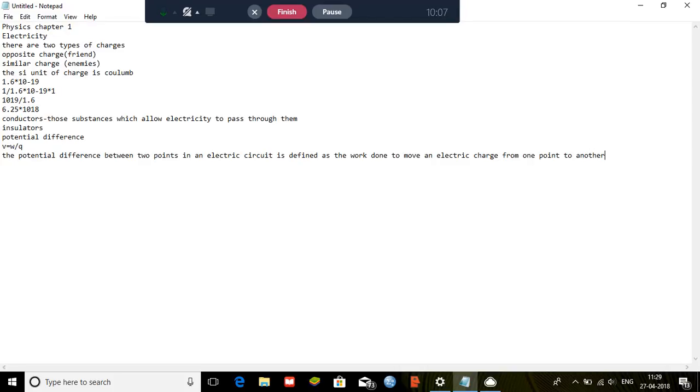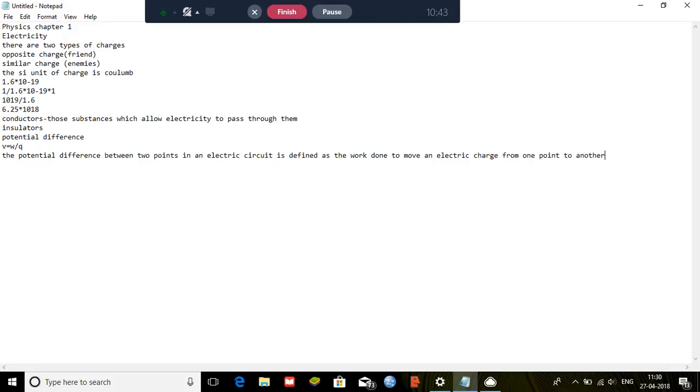The potential difference actually is this: suppose you have one coulomb of charge, and to move that one coulomb of charge from one point to another, you need some energy, like work. There would be some amount of work done there. The amount of work done divided by how many coulombs of charge is known as the potential difference.